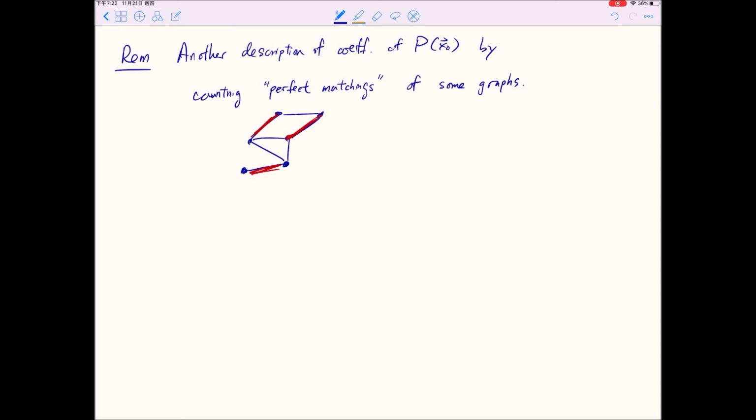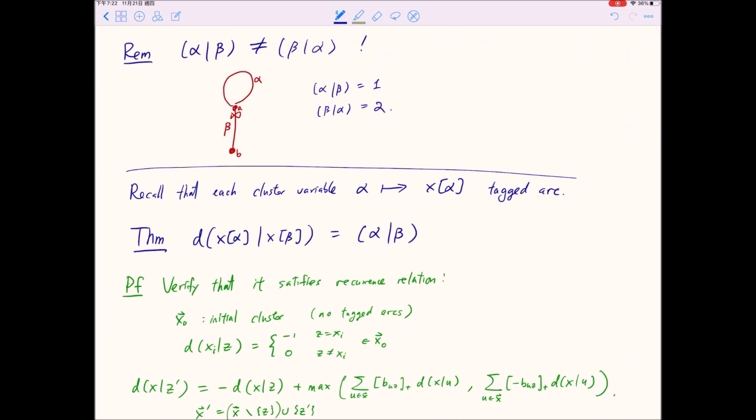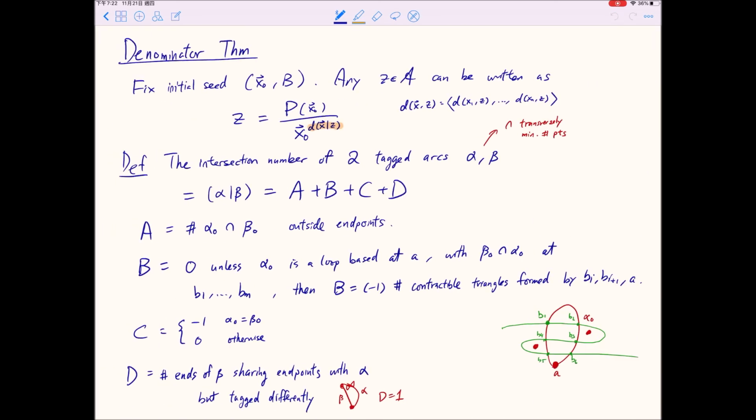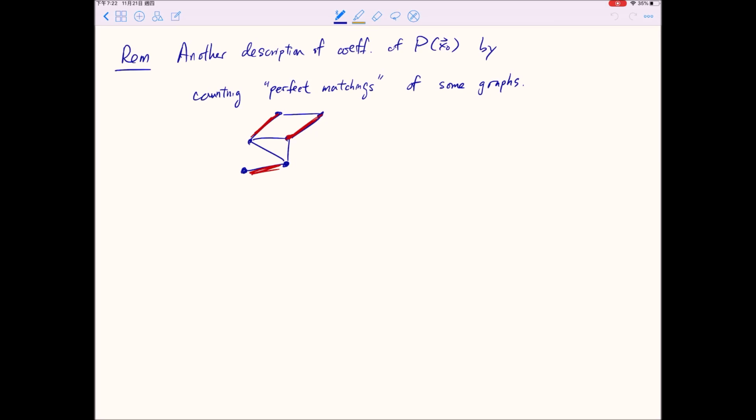So if you can have a description of such a polynomial in terms of counting something, then it really is saying that you have positive coefficients of your Laurent polynomial.